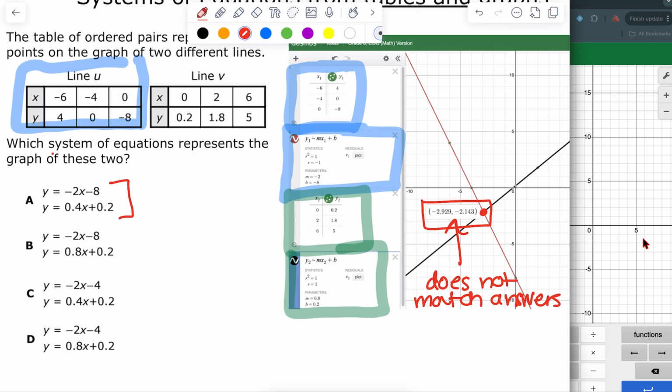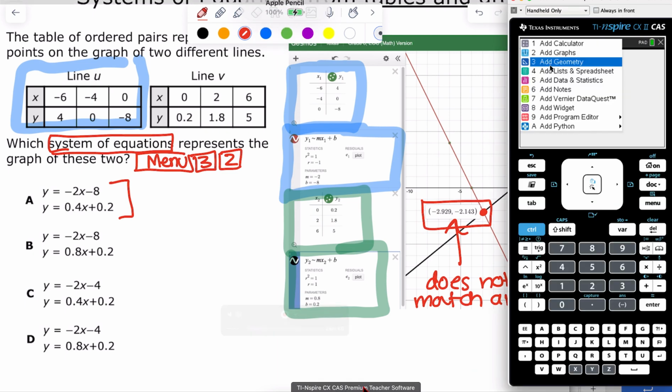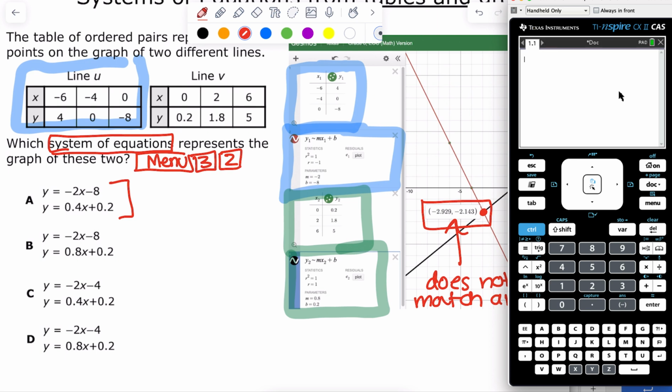So what do I need to do with my answers? I know I have a system of equations. Remember, every time we see systems of equations, somewhere I need to use menu 3, 2. So in answer choice A, we are going to use menu 3, 2. I'm going to go to calculator, menu 3, 2, press enter, and I have y equals negative 2x minus 8.